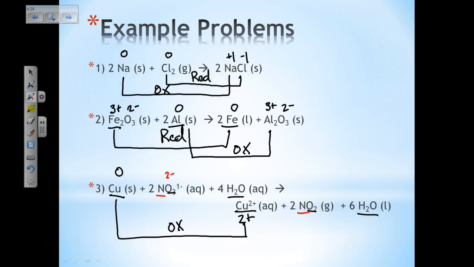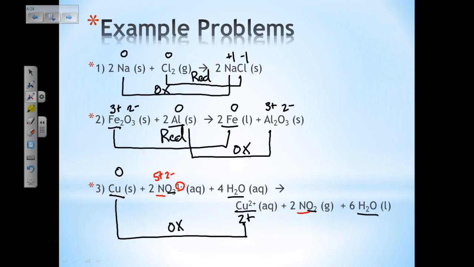How many of them are there? That's 6-, but we need an overall charge of -1. So we need this to be 5+. 5+ and 6- add up to 1-.